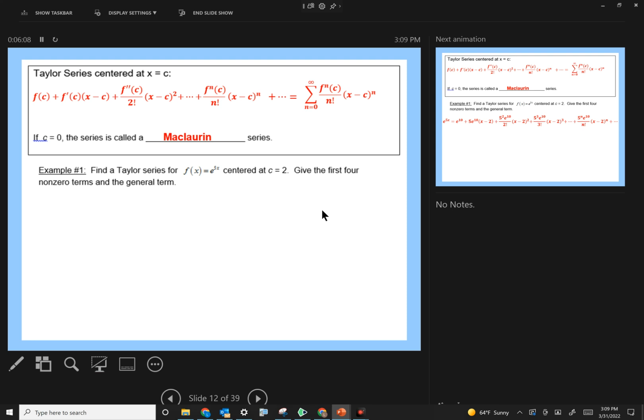If I wanted to write it in sigma notation, basically I just put the sigma in front of that general term. It's like the general term is the sigma notation. So this could be known as the series as n goes from 0 to infinity of that stuff.